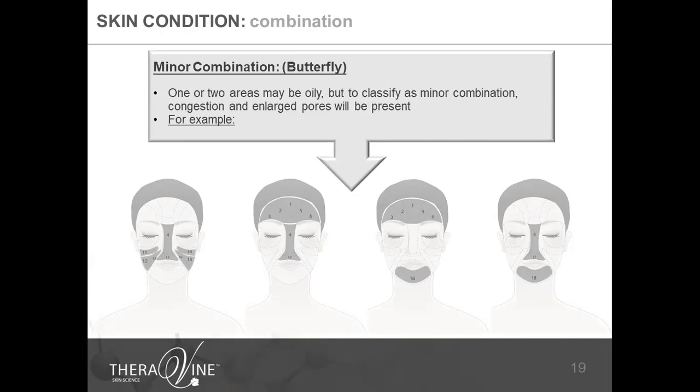I especially see a lot of clients with the fourth picture, where they have congestion and enlarged pores on the nose and the chin. For me, that one is very, very common, or the nose and the forehead.